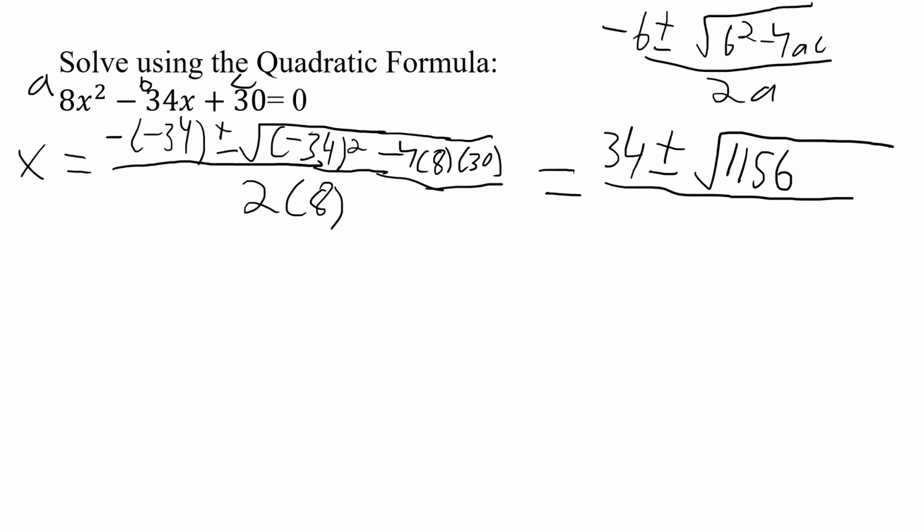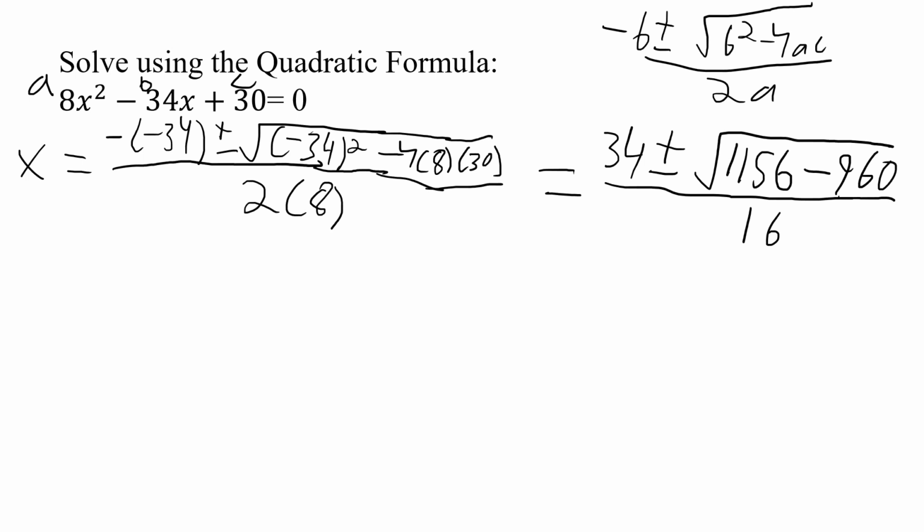Next, what we're going to do is negative 4 times 8. Well, that's negative 32. Negative 32 times 30 gives me negative 960. So we're going to go minus 960. And then finally, it's over 2 times 8. Well, 2 times 8 is just 16. All right, so we've simplified it quite a bit.